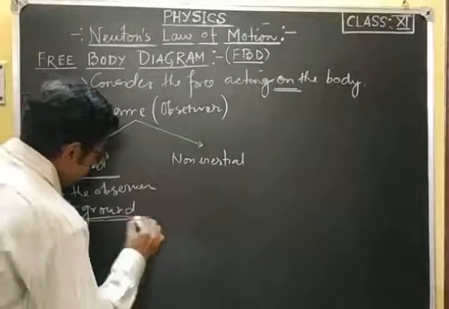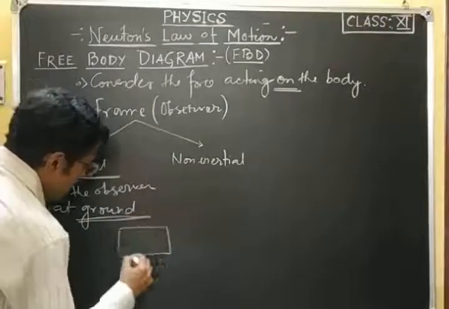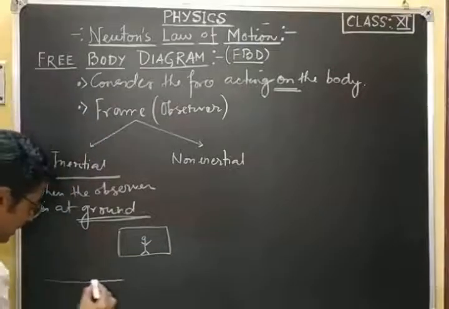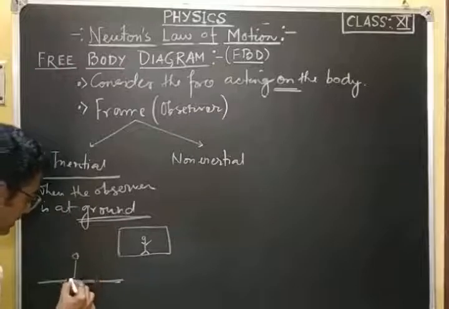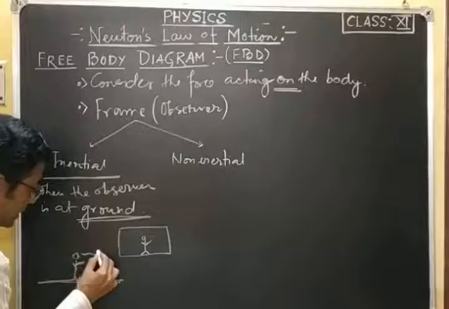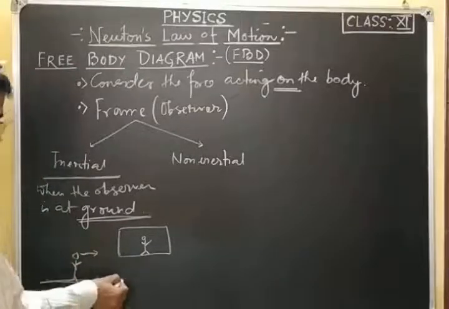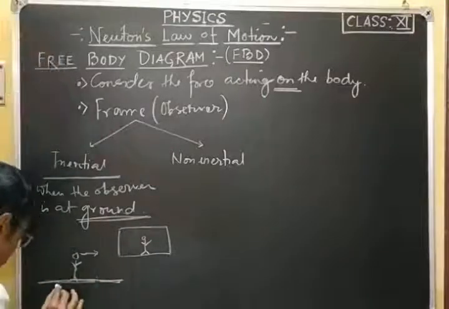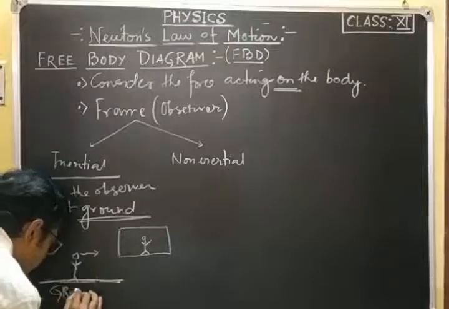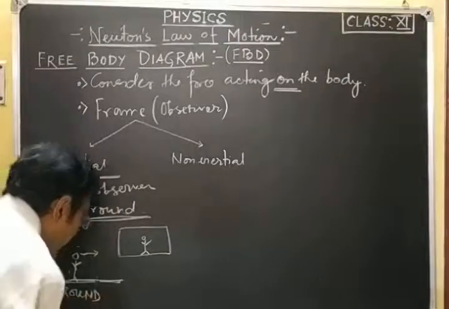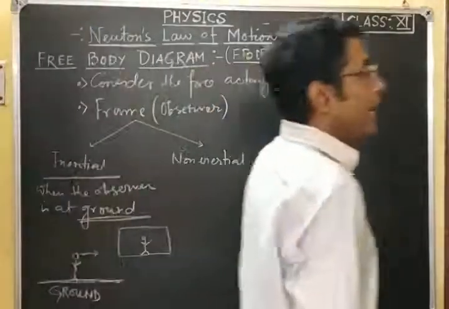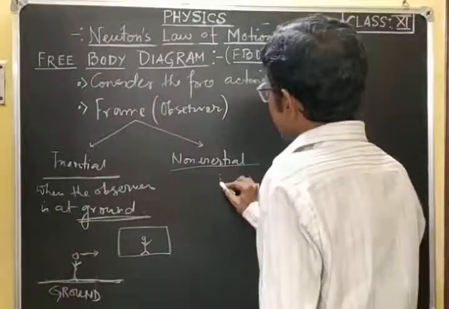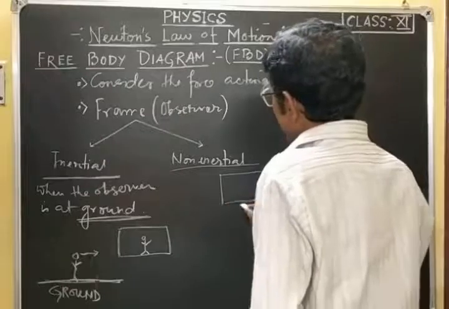So what is this? See here, a car is moving, a vehicle is moving, and this is the ground, and the person is standing here looking at it. This is called the inertial frame, remember. So when the observer is at ground, that is called the inertial frame. Now, non-inertial frame means, see here, this is a moving vehicle.